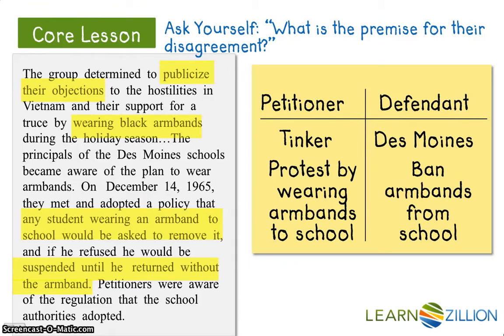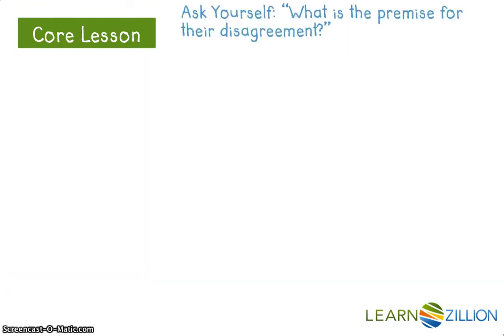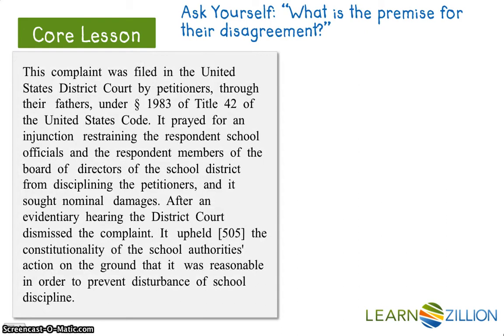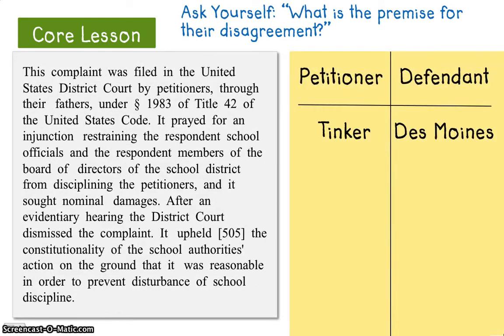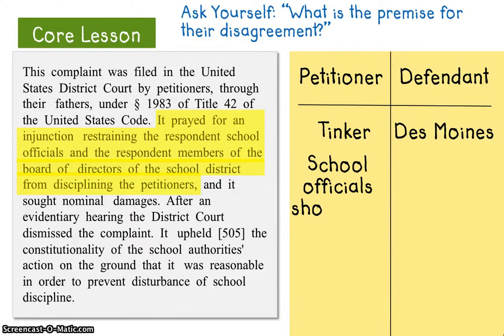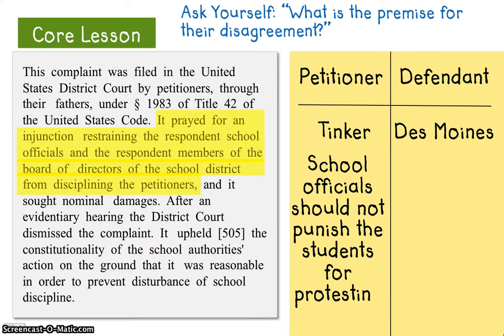You might be wondering, this is the premise for the disagreement of a case that made it to the Supreme Court? Isn't this just a dress code violation? Well, it turns out that the petitioner, Tinker, went to the district court and said, school officials should not be able to discipline petitioners, our students, in this way. Essentially, they said school officials should not punish students for protesting.